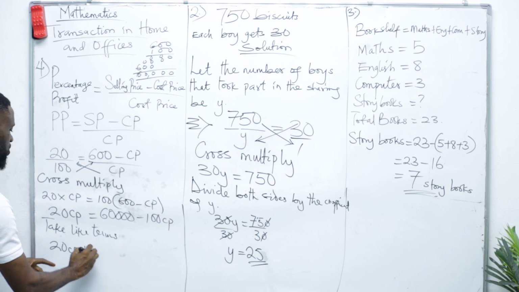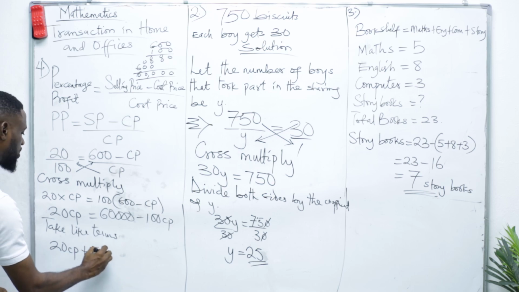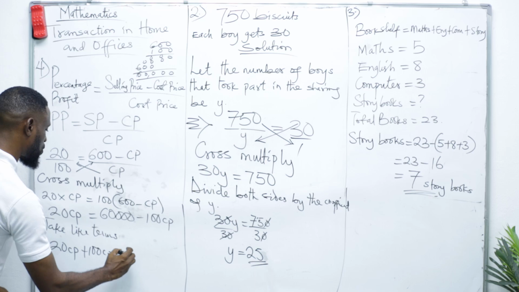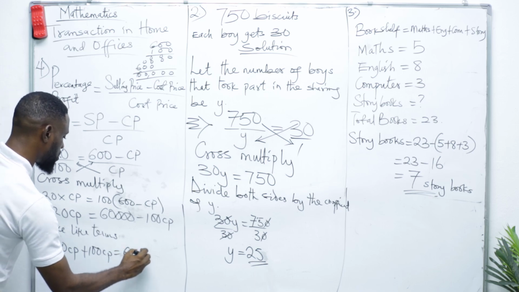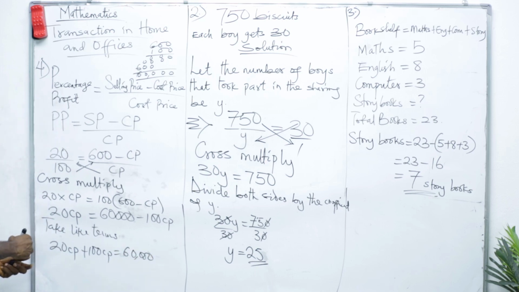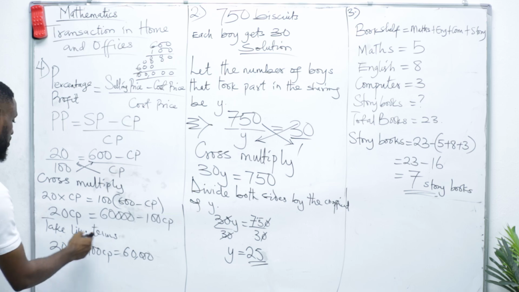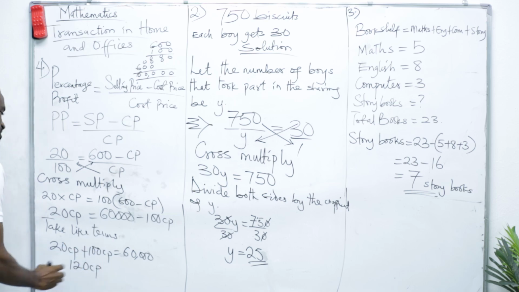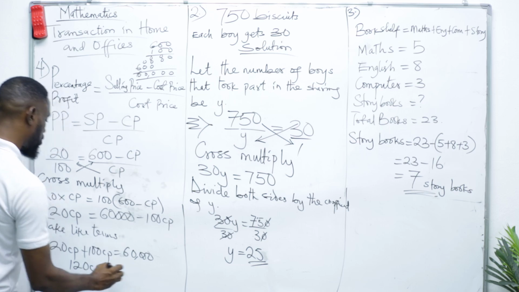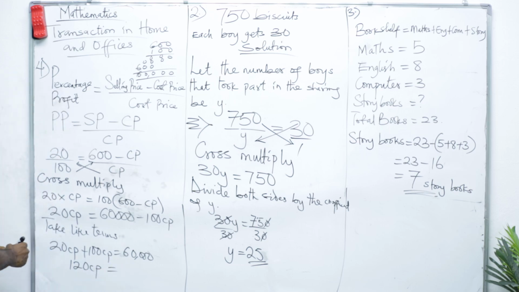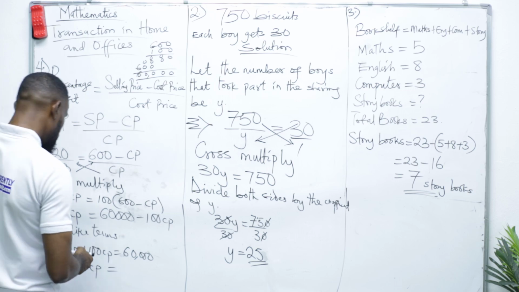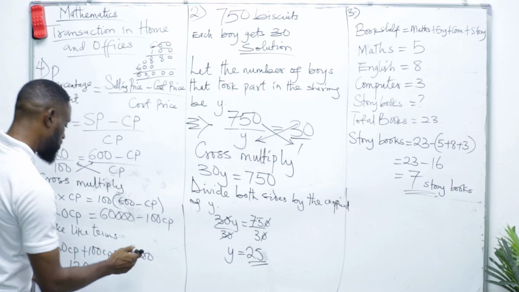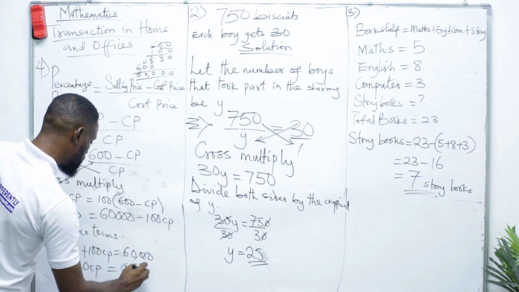So this will now be plus 100 CP is equal to 60,000. Is that okay? So 20 cost price plus 100 should give us 120 CP, to be equal to 60,000.